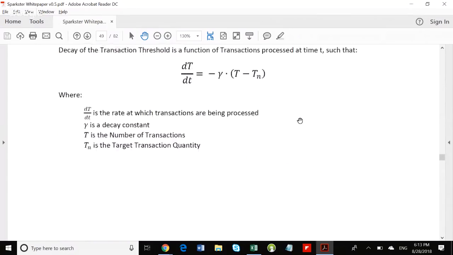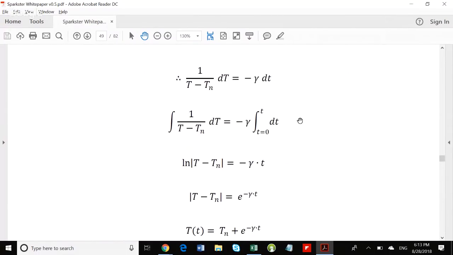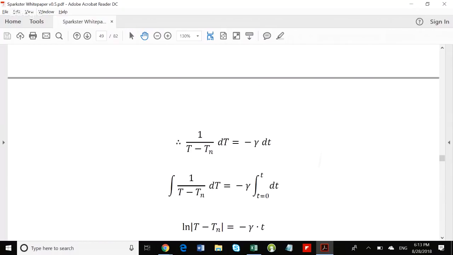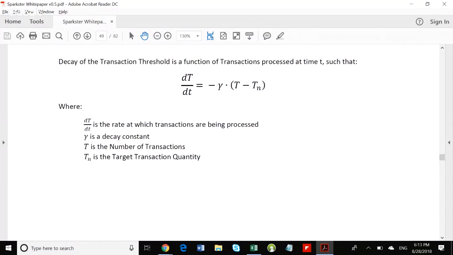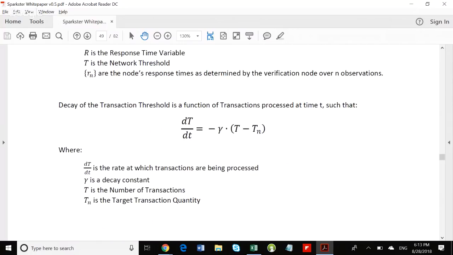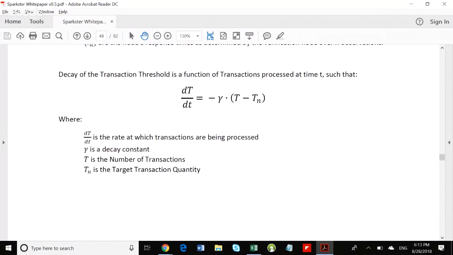Now, before we move on, one thing I do want to say, and this is actually quite important: although it's a probability function, and you're likely to be assigned a transaction no matter how much you contribute, one of the things we talk about here is that there's essentially an exchange within Sparkster's environment that's matching what the customer is willing to pay and what the provider of the node is willing to accept in exchange for the use of their device.